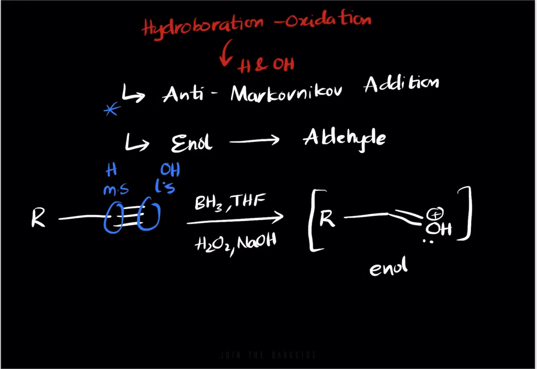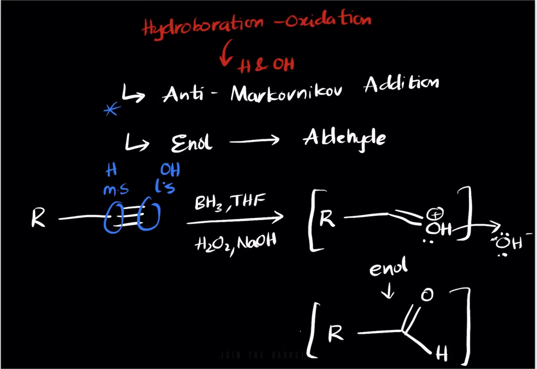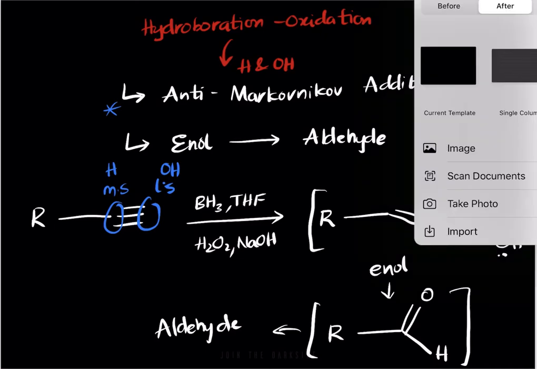Now the enol loses the proton to OH minus, and the proton will basically move its position, resulting in an R, double bond O and H. This is the general structure of an aldehyde. This is the common reaction of hydroboration and oxidation.